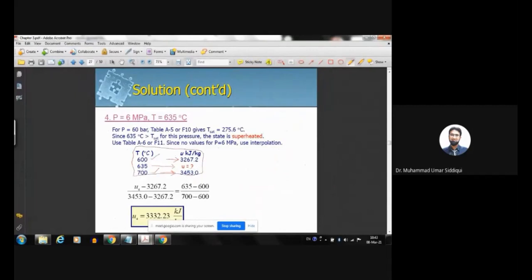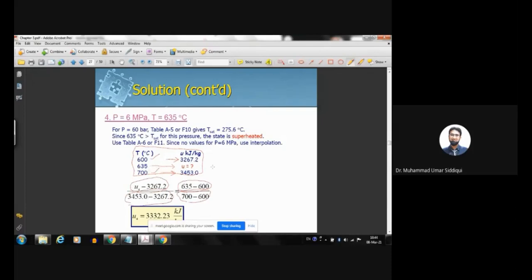Then what I'm going to do is take the smaller difference divided by the bigger difference, meaning 635 minus 600 divided by 700 minus 600 is equal to u minus 3267.2 divided by 3453 minus 3267.2. And this is going to give me the exact u value at 635.